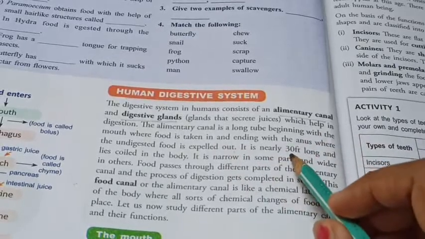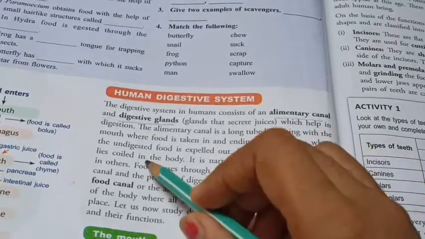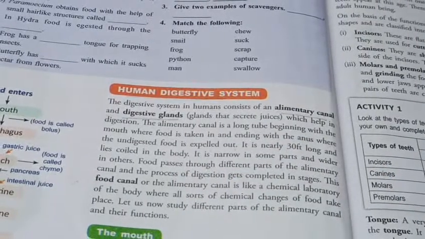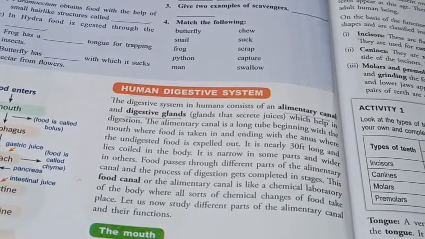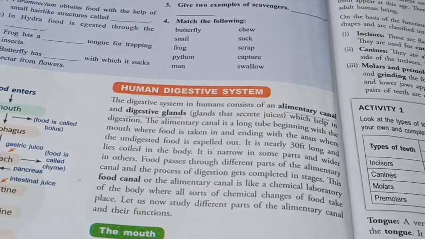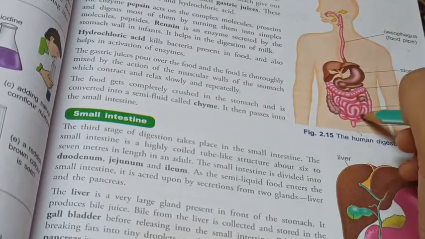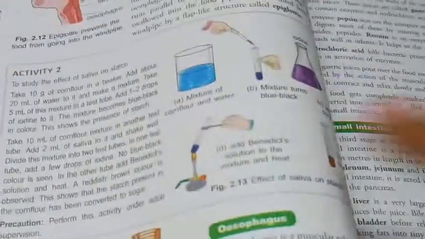It is nearly 30 feet long and lies coiled in the body. Okay, it is very long, but it is present in a coiled form. Okay, look at this diagram.